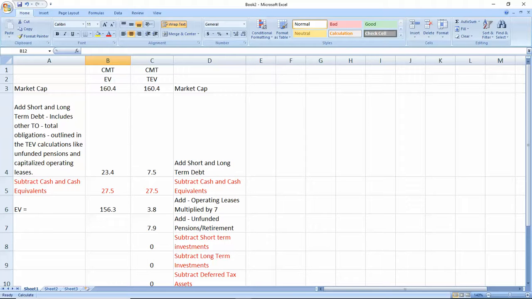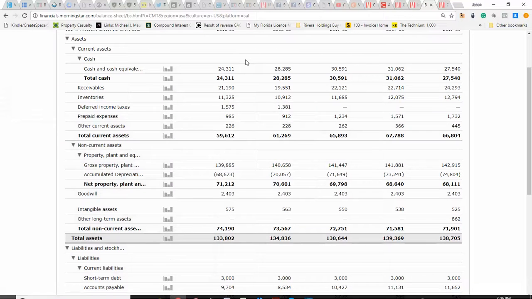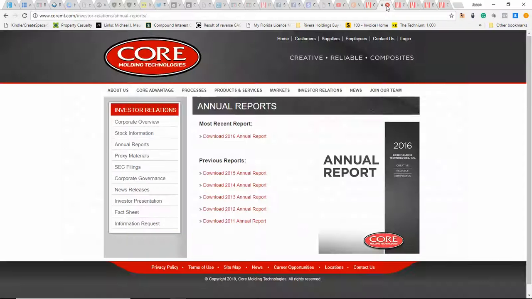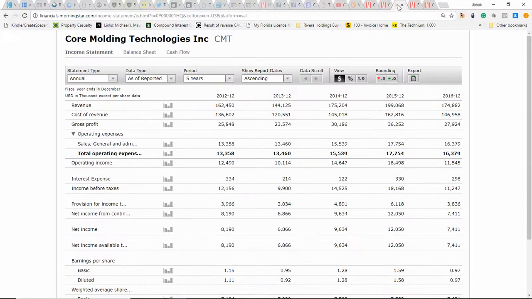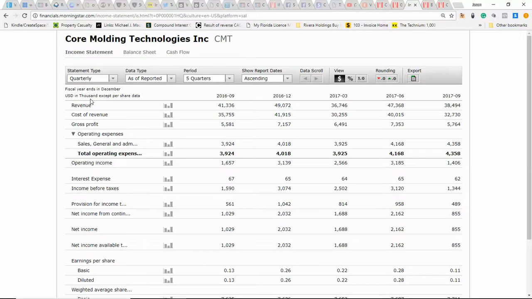EBIT. Oops, I don't have EBIT on here. Get out of that. Quarterly. Oh, yep. And again, if you watched the last session, we have to add these numbers up because for some reason they don't have the trailing 12-month number over here.